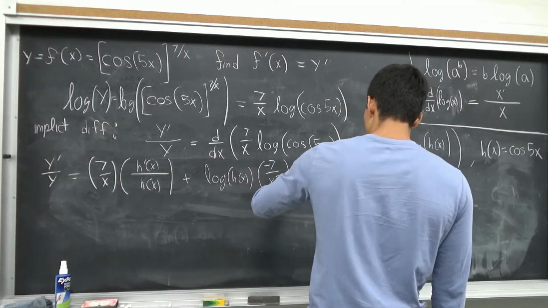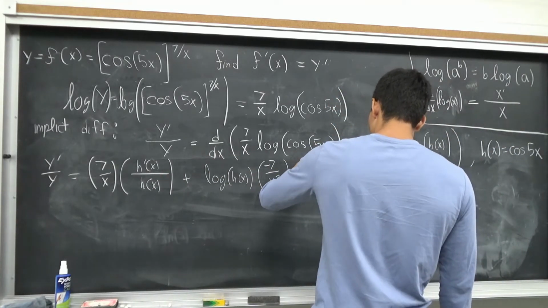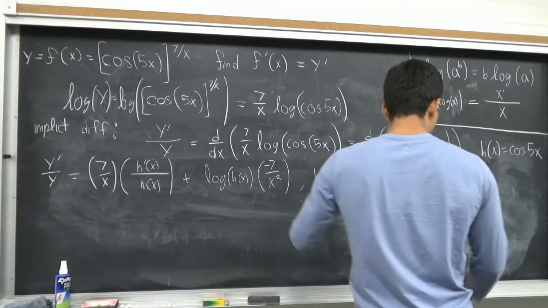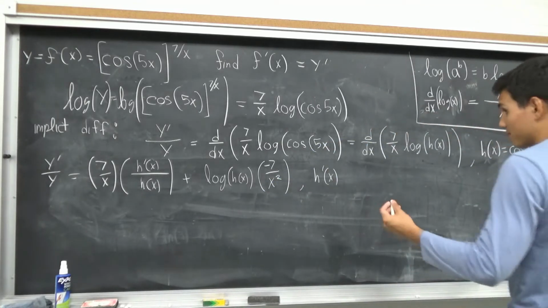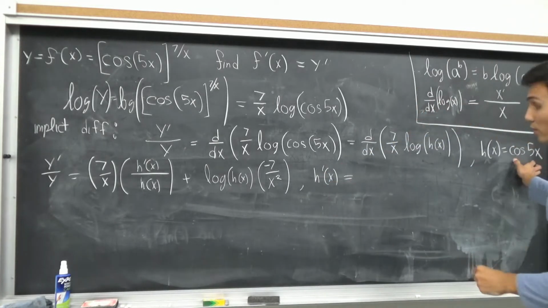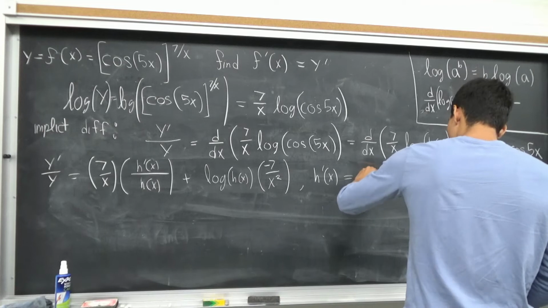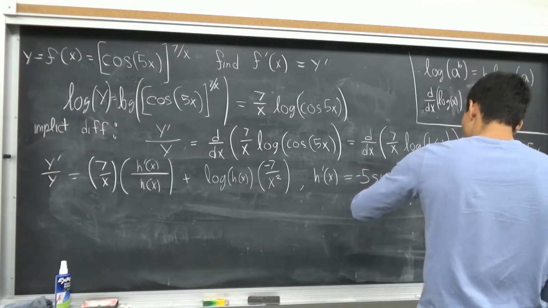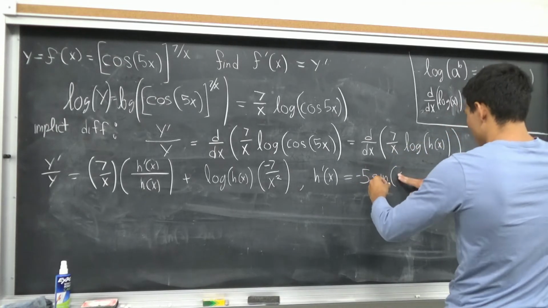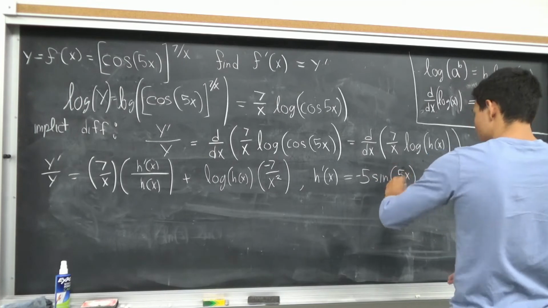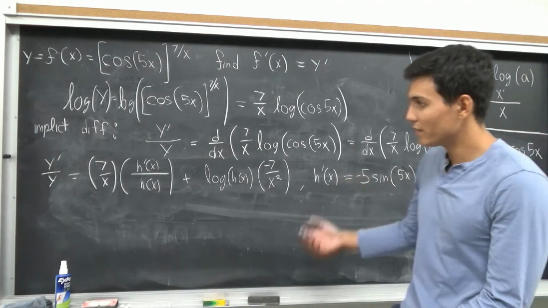Now we just got to find h prime of x. h of x is cosine 5x, so take the derivative of cosine 5x. What do we get? We get negative 5 sine 5x. Okay, and then we just fill in the gaps here.